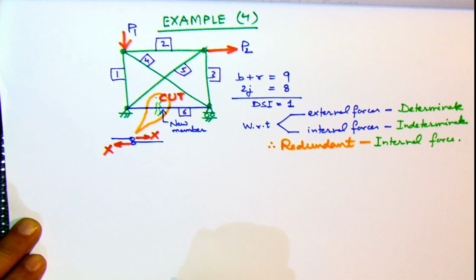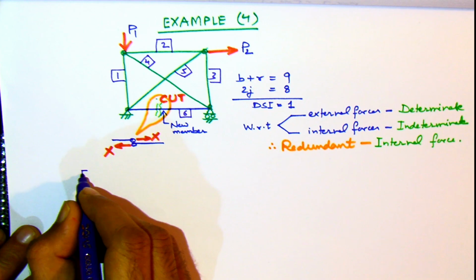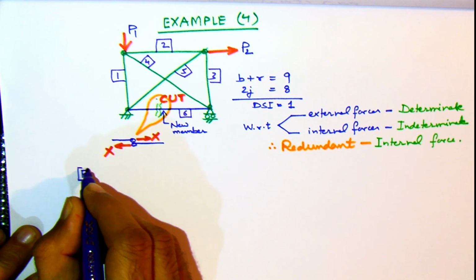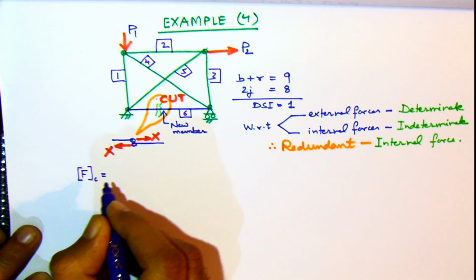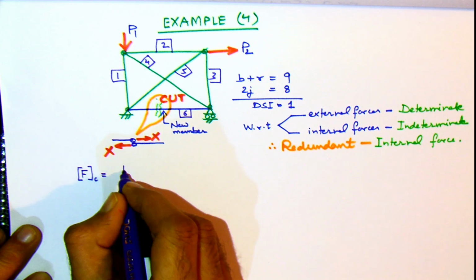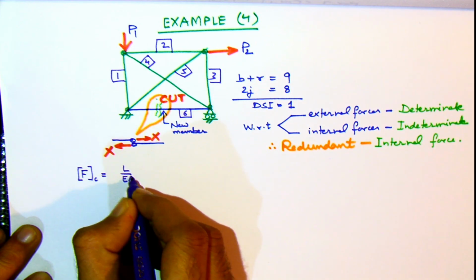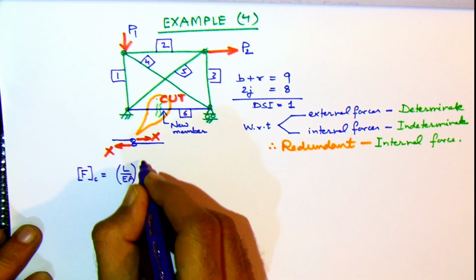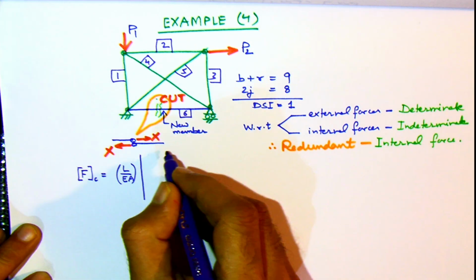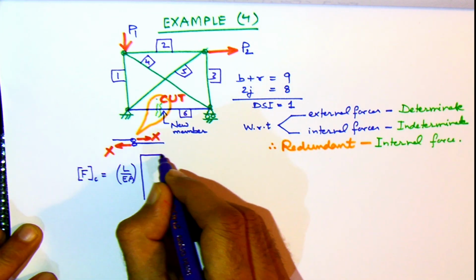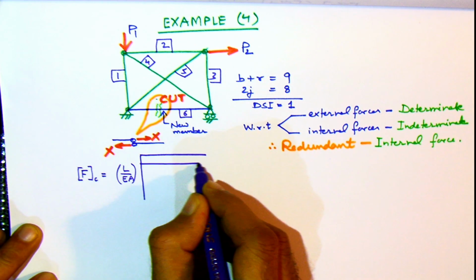Now the first step is we find FC. FC will have one additional term for member 6, and the rest of the terms will be exactly the same. So the size of FC will now be 6 by 6 because there are 6 members now.